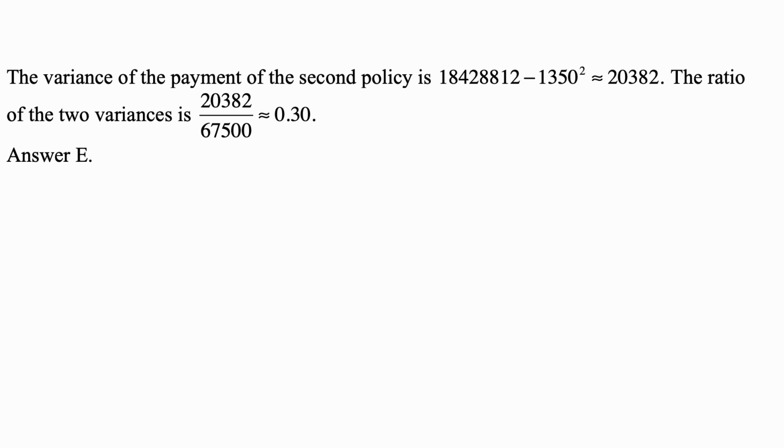Then the variance of the payment of the second policy is that second moment we just calculated minus the square of the first moment, and that's approximately 20,382. The ratio of the two variances is 20,382 divided by 67,500. That's approximately 0.30, which is answer E.